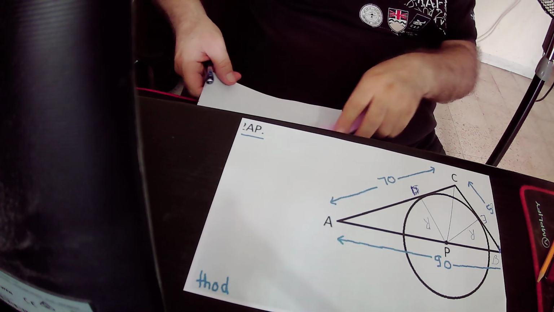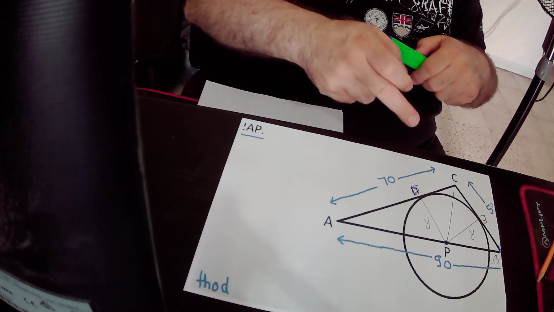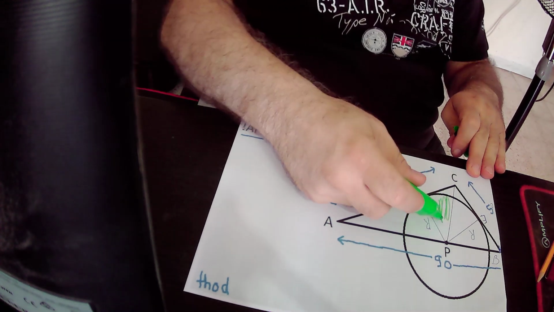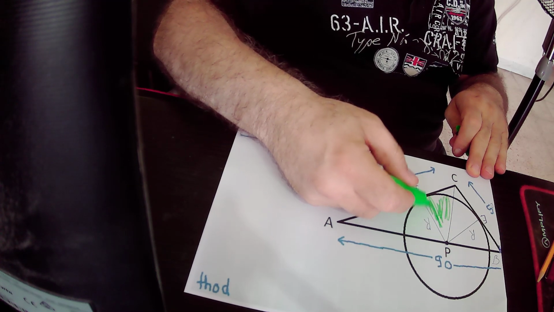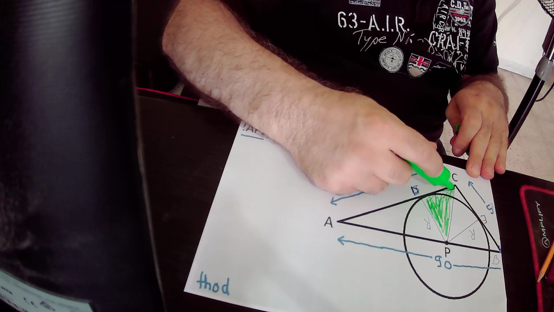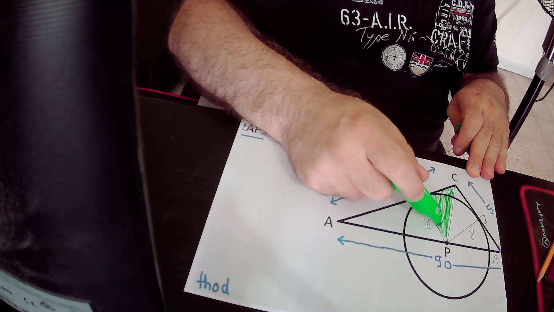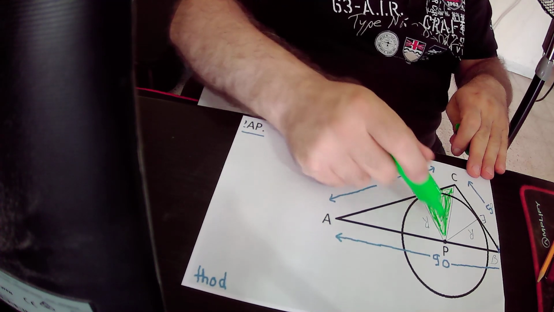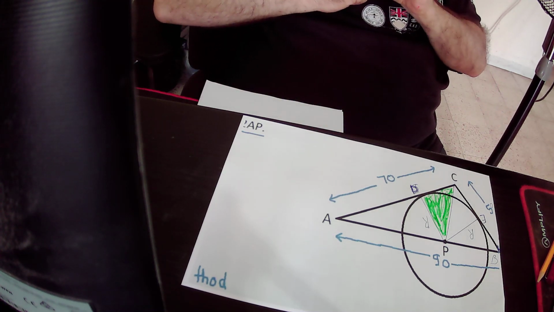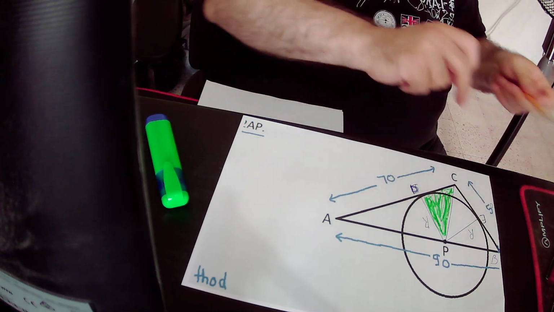So actually we have here triangle CDP. I will paint it in green color. Triangle PDC, and we have also triangle PCE.